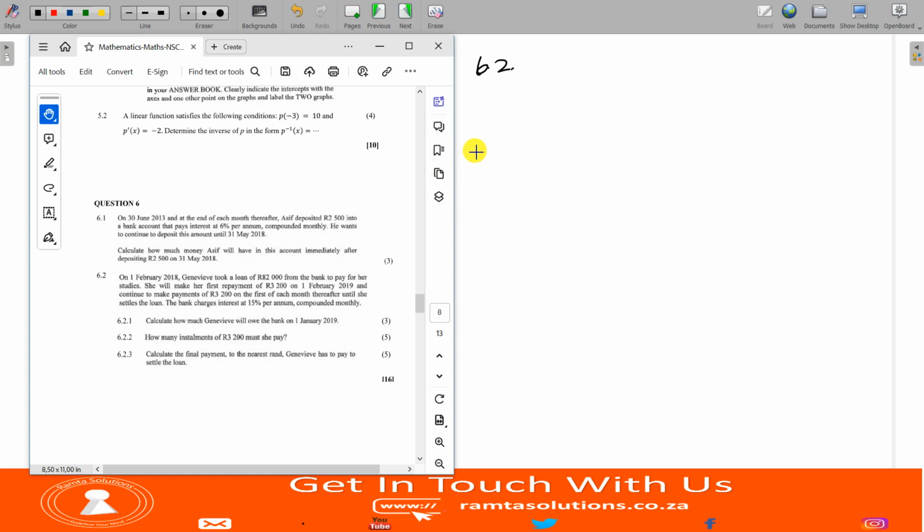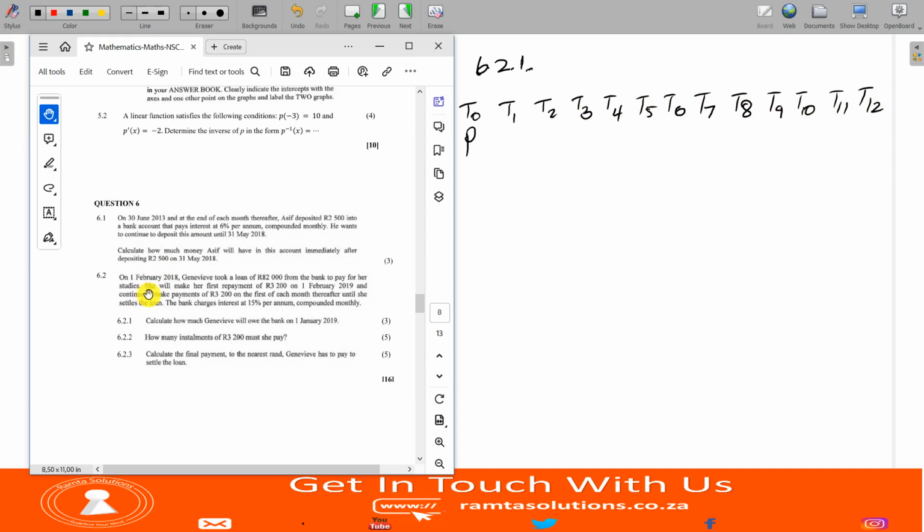Okay, so let me show you how you can do this. So this is a loan, all right? 6.2.1, this is a loan. It is T0. This is 1 February. This is when she gets the loan. Now this is March, April, May, June, July, August, September, October, November, December, January, February.